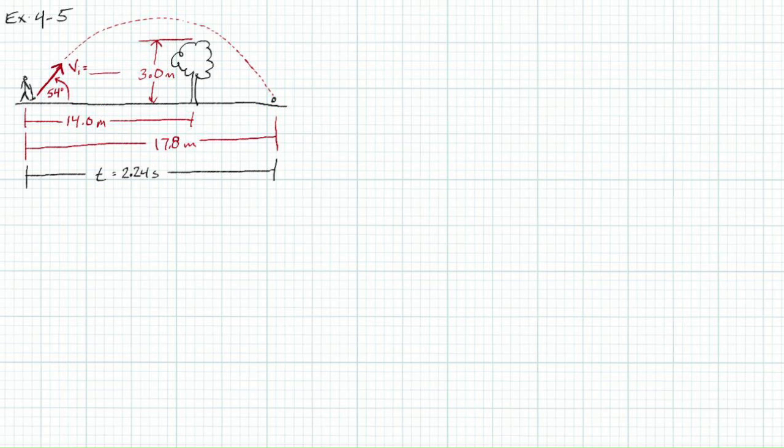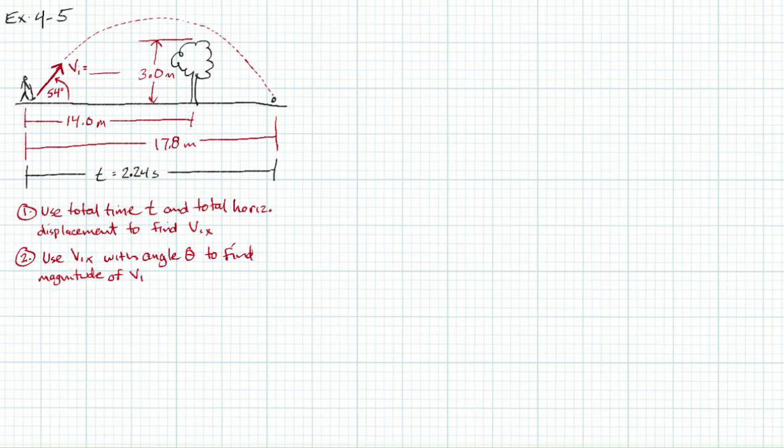I'm going to start writing down our goals for this problem right here, hopefully I'm going to start doing this more often. In order to solve this, we've got two main goals that we want to achieve. Number one, we want to use the total time, which we're given, and the total horizontal displacement, which we're also given, to determine initial velocity in the x direction. I'm going to turn my green back on.